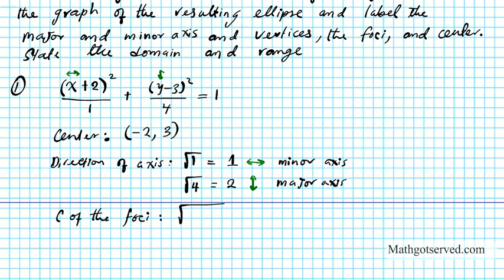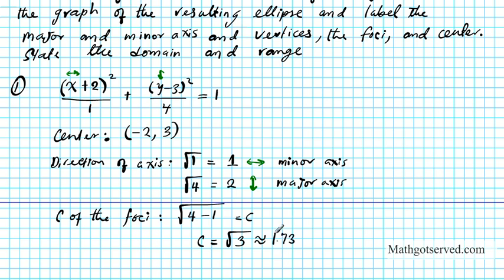All right, the square root of 4 minus 1. You subtract the smaller one from the bigger one. We're using a minus here because we have a plus here. Okay, so this is basically what C is equal to. All right, so C is going to be equal to the square root of 3. Okay, the square root of 3 is approximately, if you do that in your calculator, 1.73.